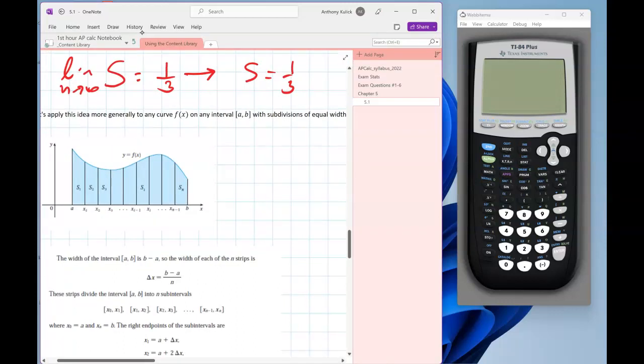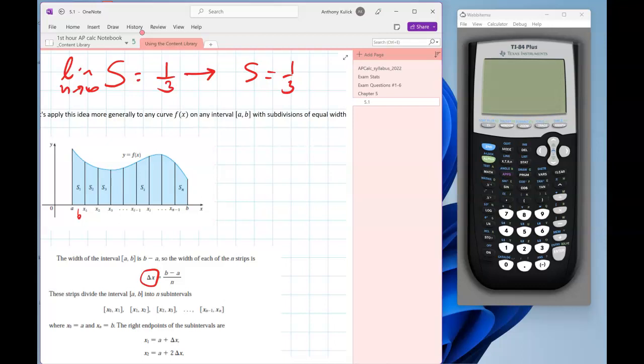So let's say we're going to make n subdivisions. So we split this up into n pieces. Each of these bases we're going to call delta x. In physics, what's delta stand for? Change.